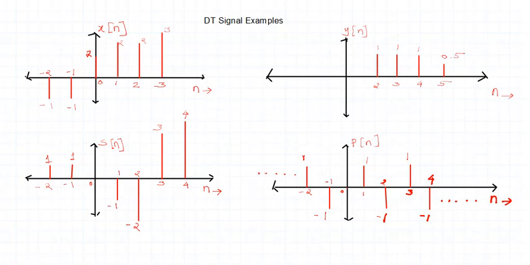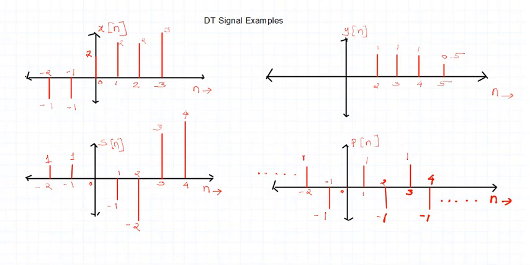Okay, now let us see some examples of DT signals. So 4 examples have been put for you. Let me talk about the first signal x of n. Look at the independent variable n. When I look at the first signal x[n], I observe that the signal exists from -2 to +3.